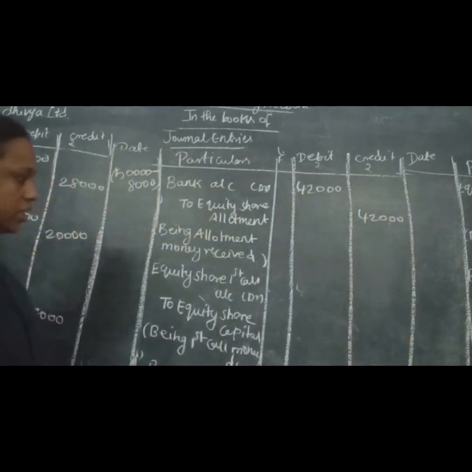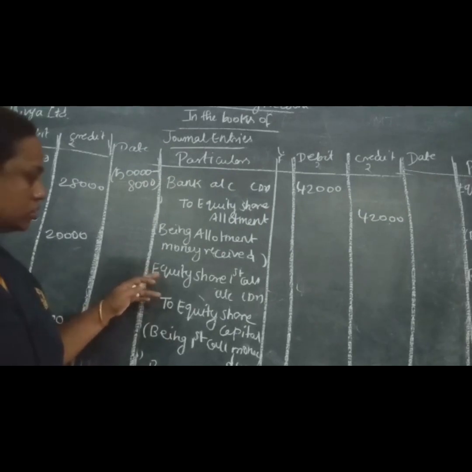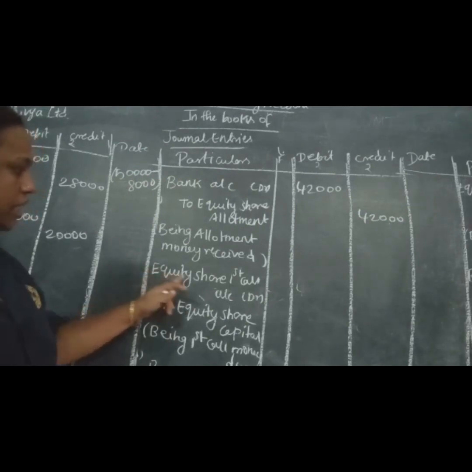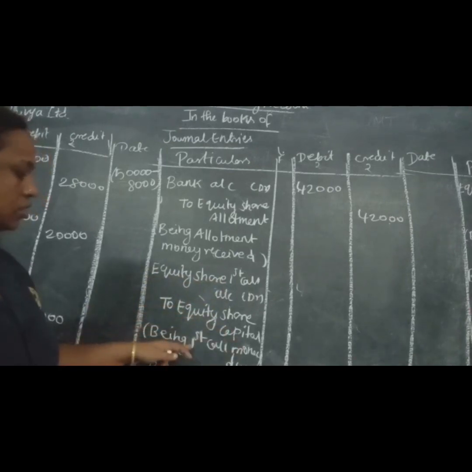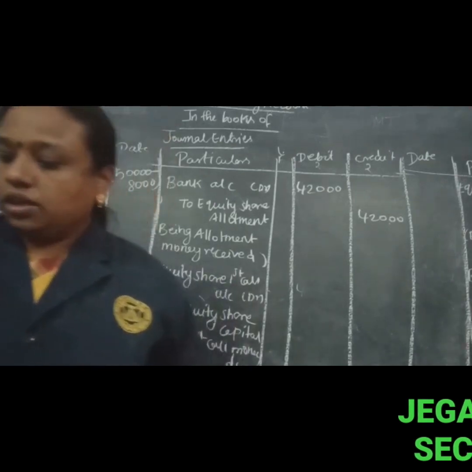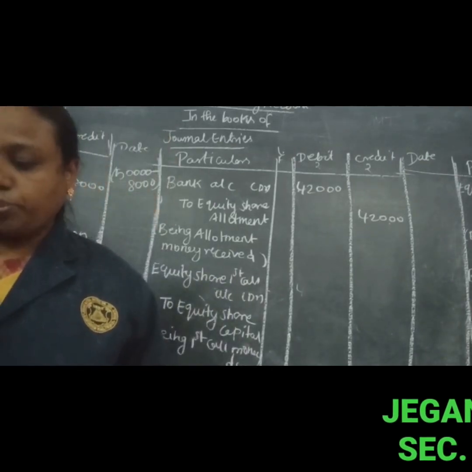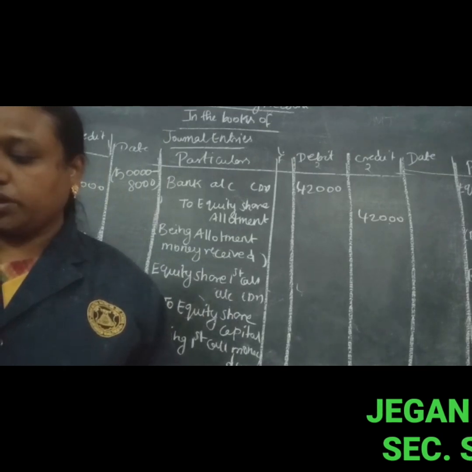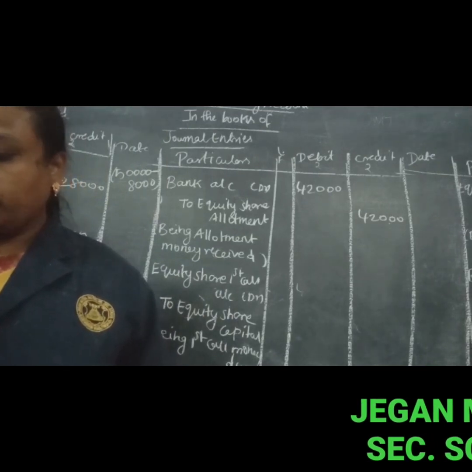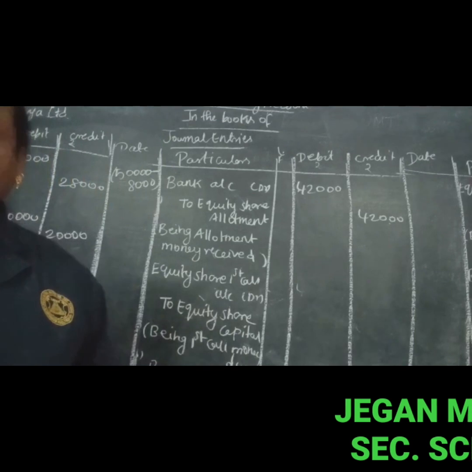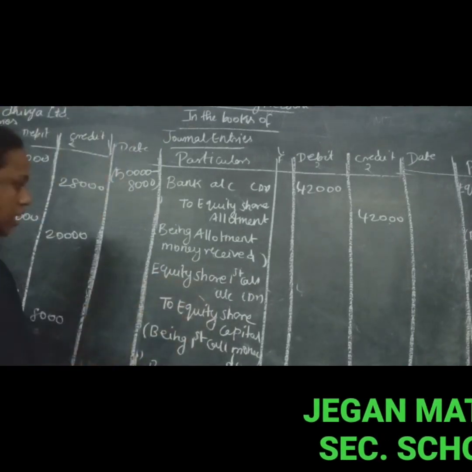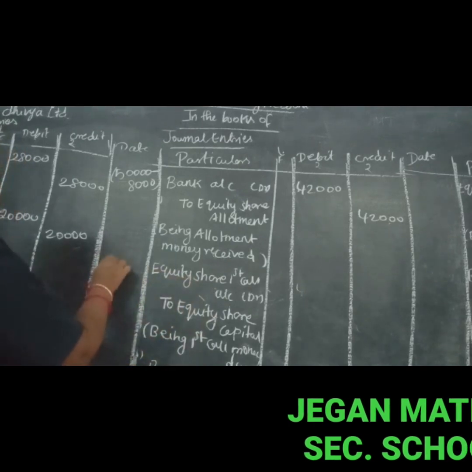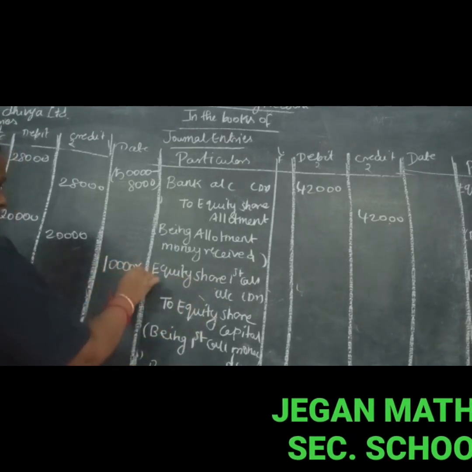Then the next entry, first call account. Equity share first call account debit to equity share capital. Narration: being first call money due. Here the shareholder failed to pay the first call money and the final call money also. Total shares 10,000, 10,000 into 3 rupees, 30,000.